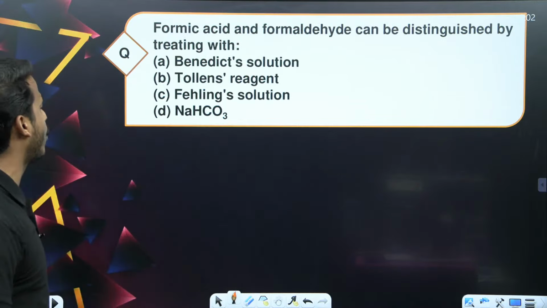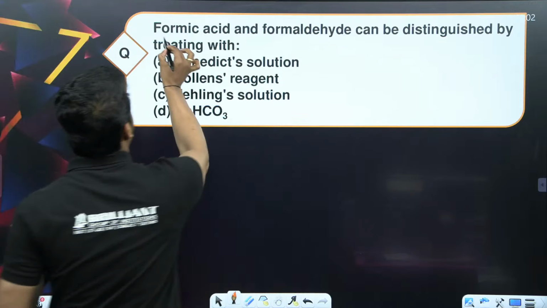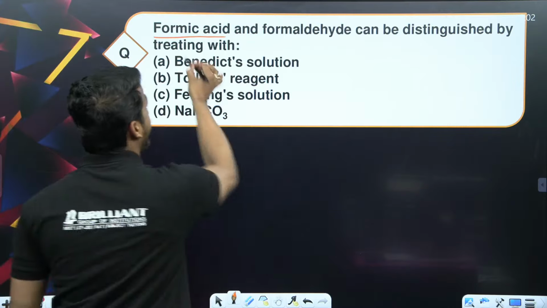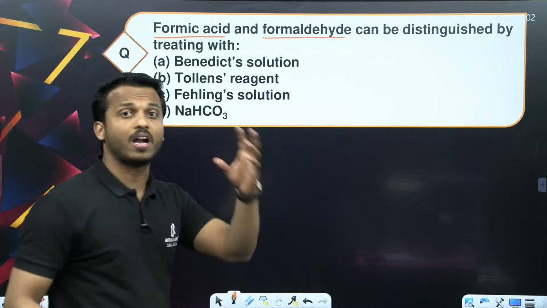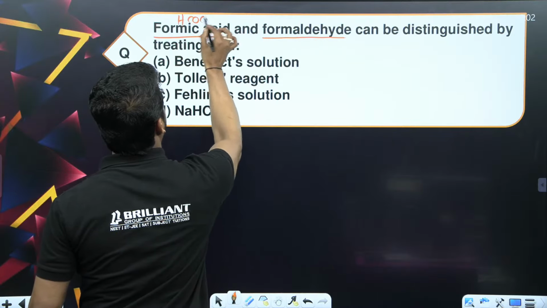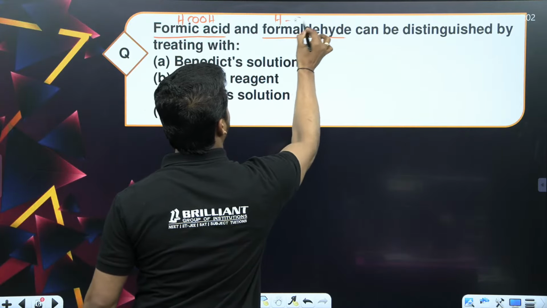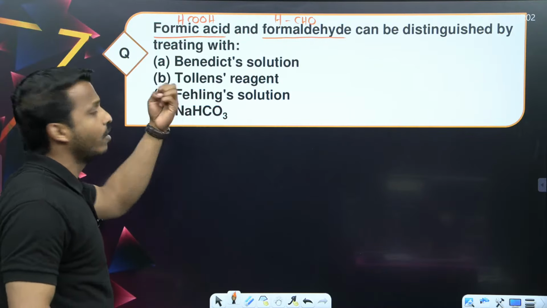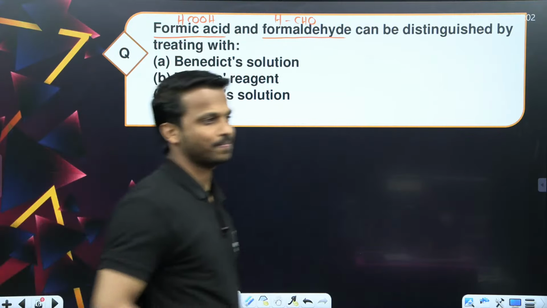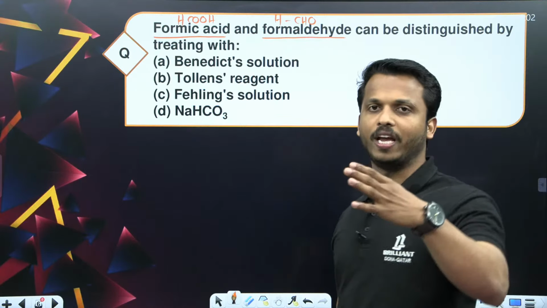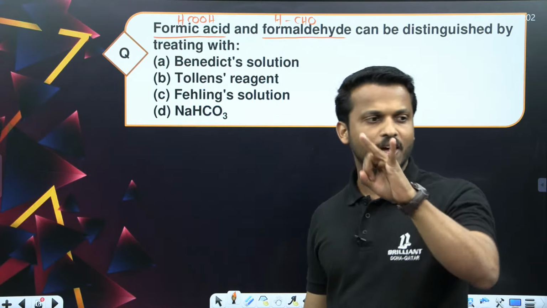Next question for you. Formic acid, you know what formic acid is? Formic acid is methanoic acid, HCOOH, and formaldehyde is HCHO. Which method can be used to distinguish between formic acid and formaldehyde?